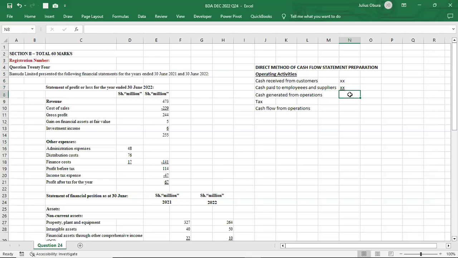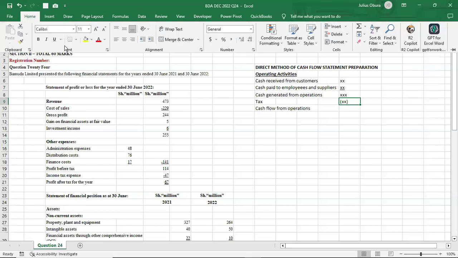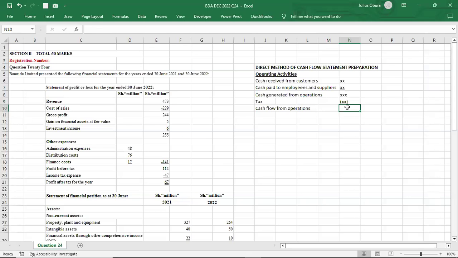So here we'll get our cash generated from operations, and then we'll subtract our tax, and this will give us the cash flow from operations.